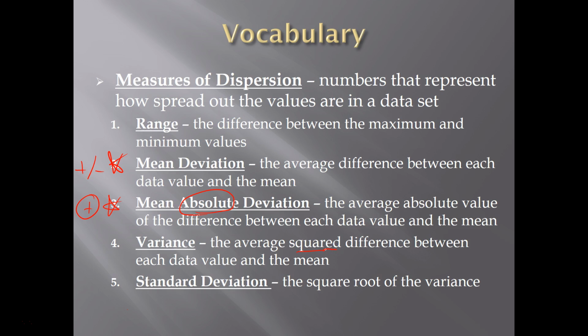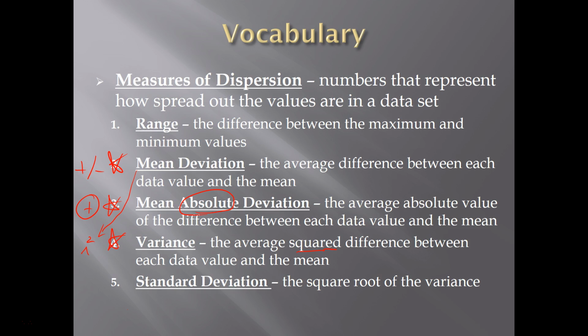Right there, it's just to square it. So remember, squaring means to raise to the second power, the second exponent. So this one right here, number 4, it's the same as this. You're just raising it to the second power, to the second exponent. All right, that's it.